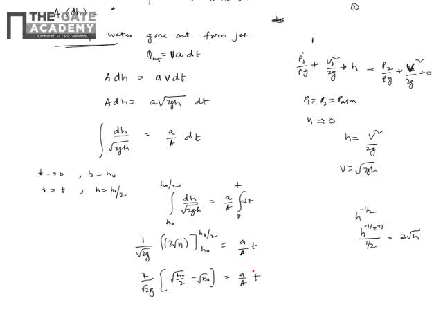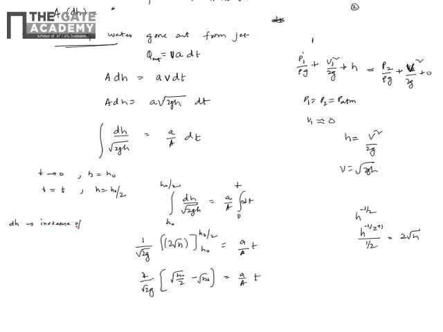Now one thing I need to tell you is that we have just forgotten the minus sign here, because this is a decrease. When we differentiate, we always assume that dh is an increase of h.